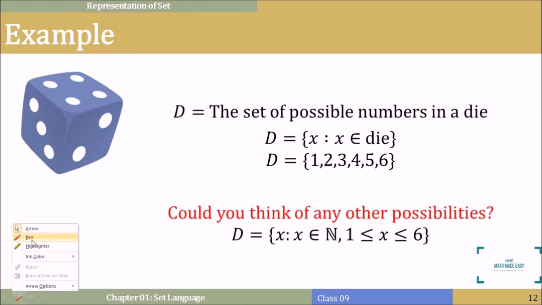So the set die could be represented in this form, in this form, in this form, or in this form too. There is no restriction that you have to represent a set in this way alone. So you can use any definitions, but it has to be well defined. That's the basic concept of set. So there is no restriction in defining a set, but it has to be well defined.